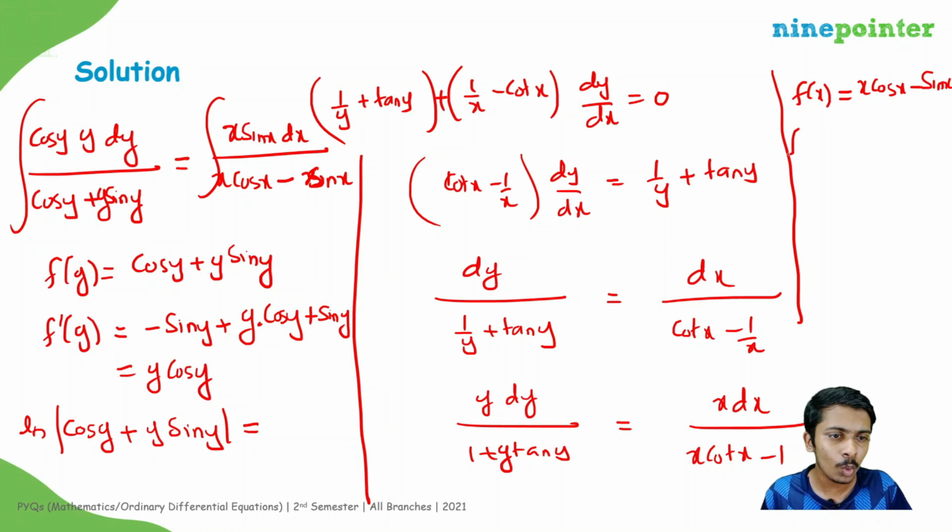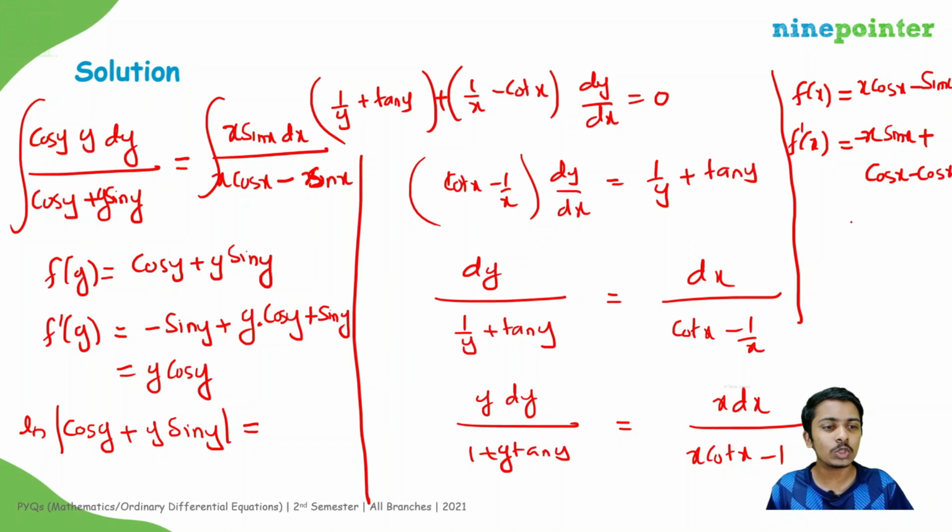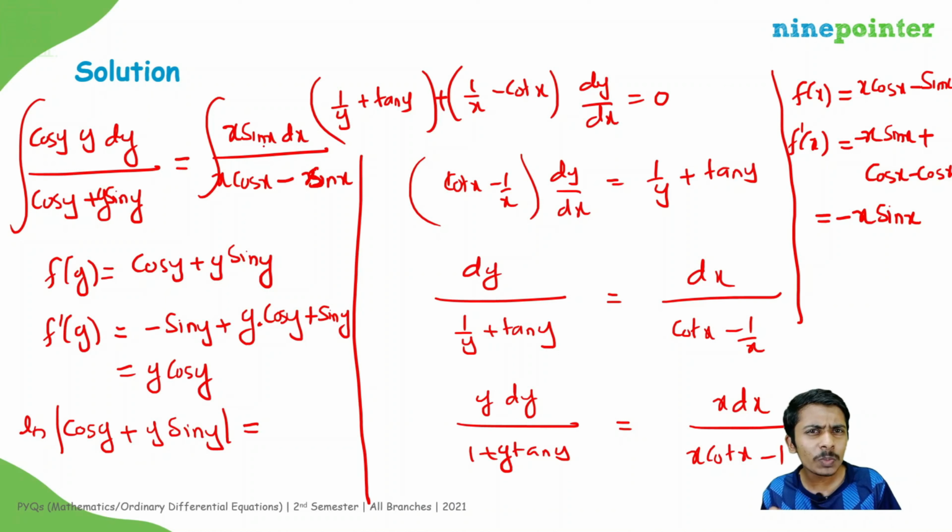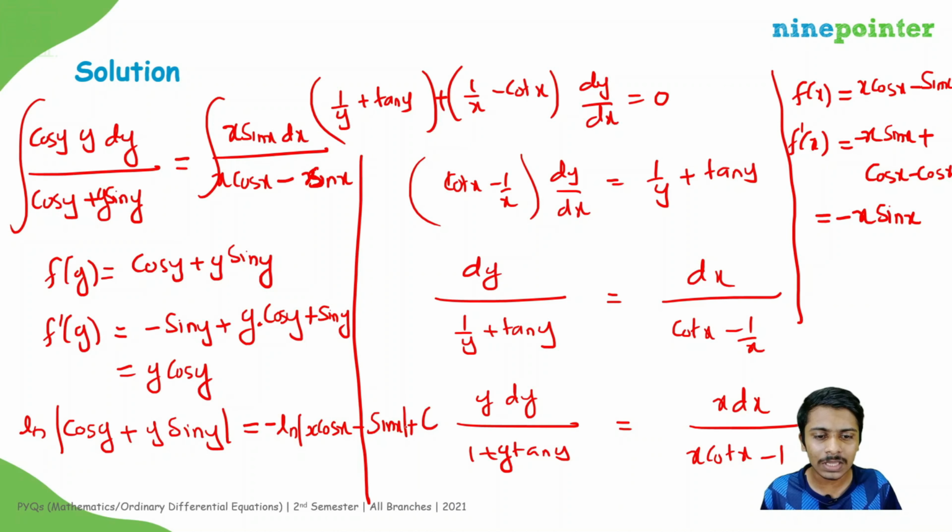What is the derivative with respect to x? f prime of x is x into the derivative of cos, which is minus sin x, plus cos x into the derivative of x, which is simply 1, and minus the derivative of sin x, which is simply cos x. Now these two terms get cancelled and we have the derivative as simply minus x sin x. Now we have the numerator as x sin x, so let's take a minus outside and integrate it. It would be minus log |x cos x - sin x| plus a constant c.